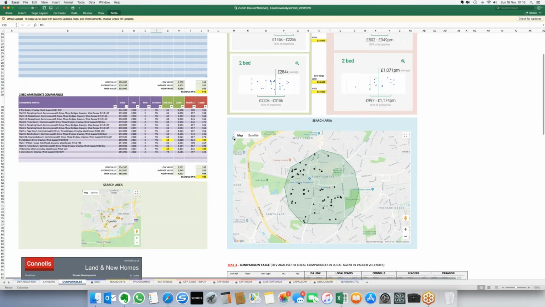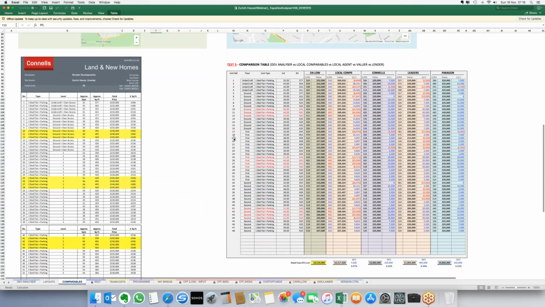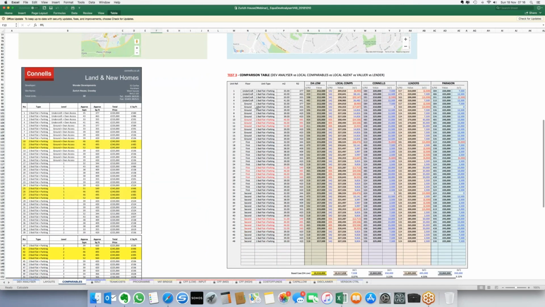So we just scroll down to the bottom of this sheet here, and you can see a comparison table that's available for us. The grey information here is a direct pull through from the Development Analyser dashboard. So this has got all the information that's on that sheet at this moment in time. So we can see here that of the one bed flats, if we look at the smallest flat, I think I can see there 33 square meters.